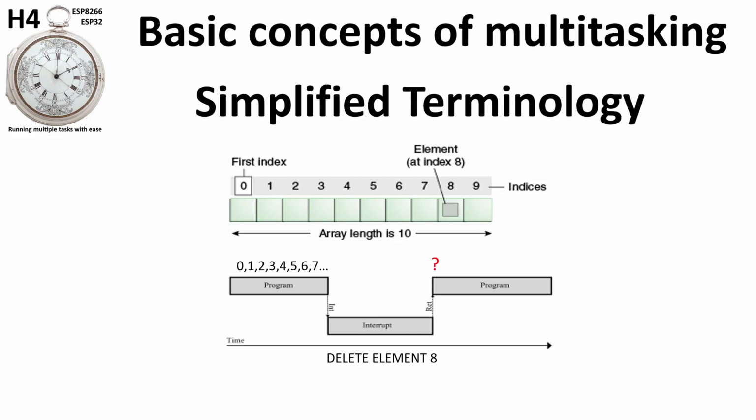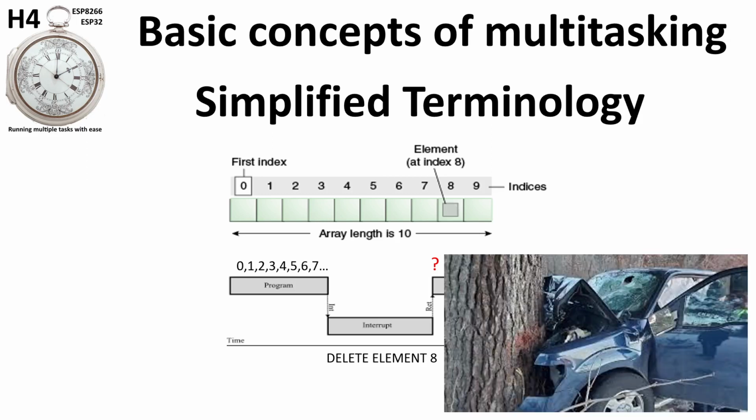What do you think is going to happen when your code continues? Because it's just about to pick up element 8, and element 8 has been deleted. It's not there anymore. Using the same highway metaphor, that's what's going to happen.